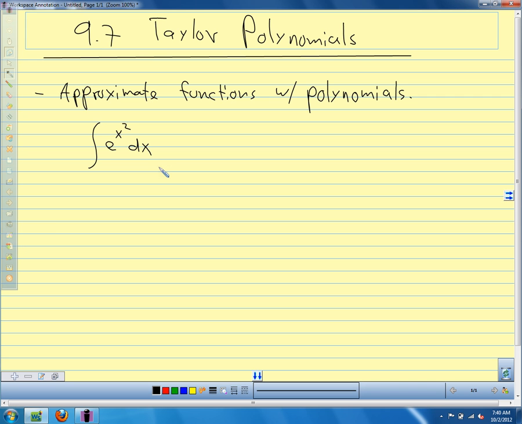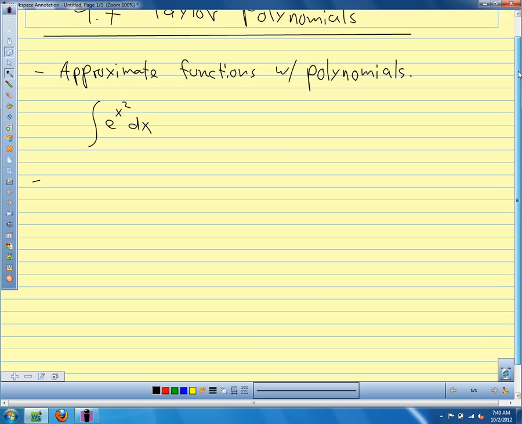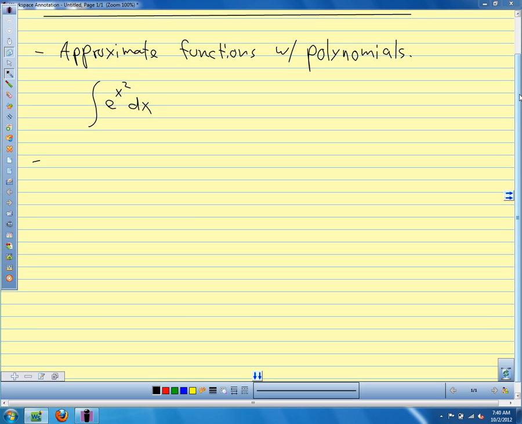All right. So for Taylor polynomials, our notation might be different than what you've used before. Our book calls our polynomial p of x. We're going to pick a point in the domain of our function to expand our approximation about. We call that point c.